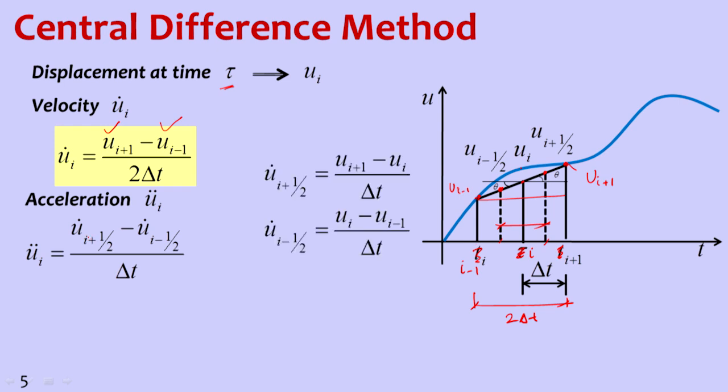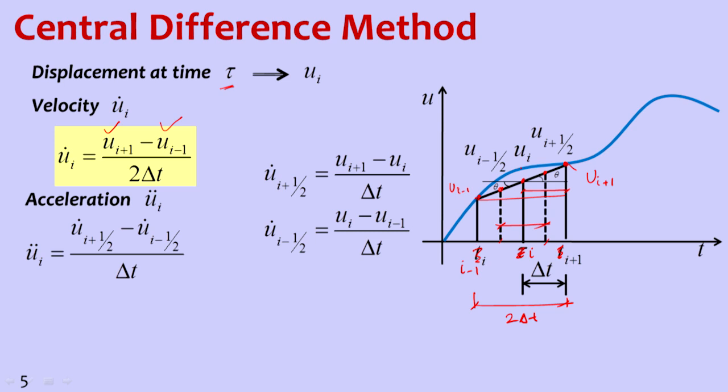So you can see velocity at i plus half is this point. If we want velocity at this point, displacement of this point minus displacement of this point divided by delta t. So you can see this one, displacement at this point is u i plus 1, displacement at this point is u i, and divided by delta t.